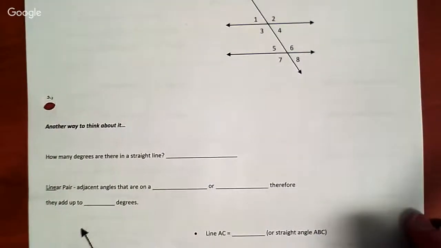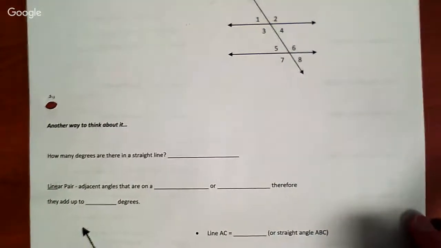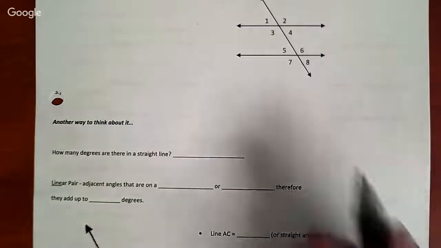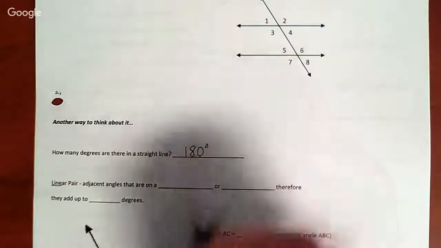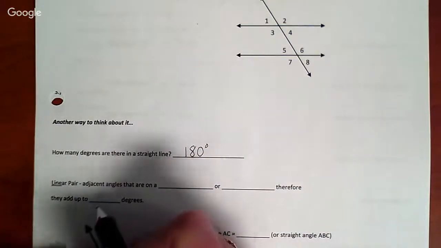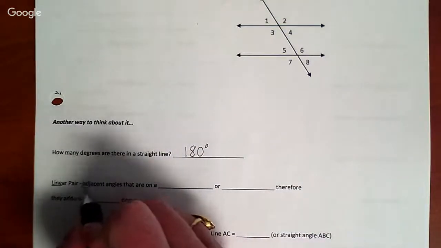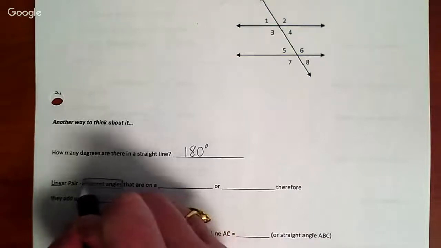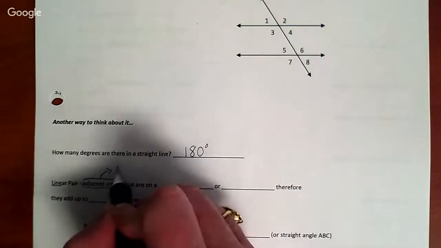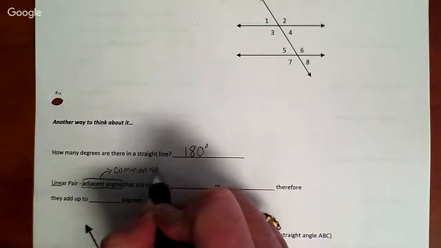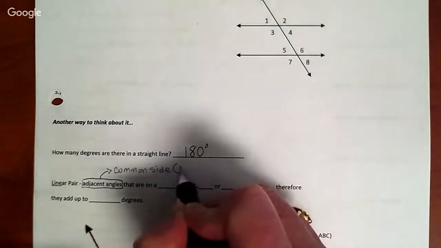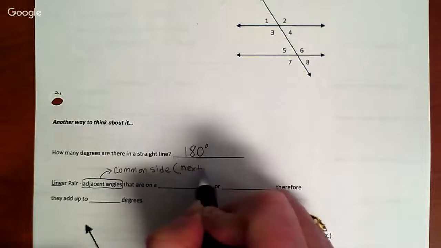For example, how many degrees are there in a straight line? That is 180 degrees. Okay, a linear pair is adjacent angles. Okay, adjacent angles, if you remember, have a common side, share a common side. They're next to one another.